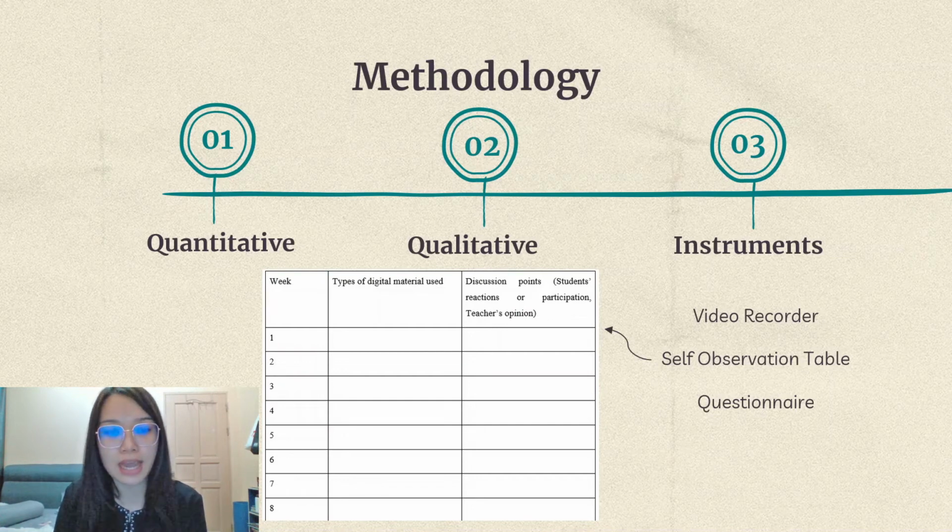As you can see from the slide, this is the self-observation table that I have to fill in while watching the video recording that I recorded before, the video recording of the pre-service teacher, basically. The questionnaire was given to the students in Google Forms. Overall, I received 63 responses from them.